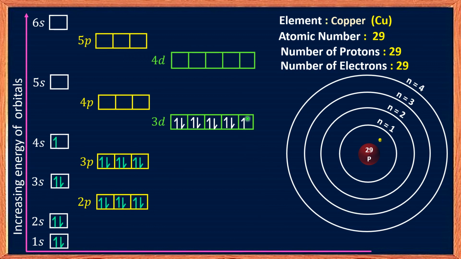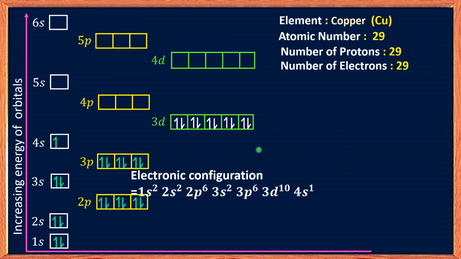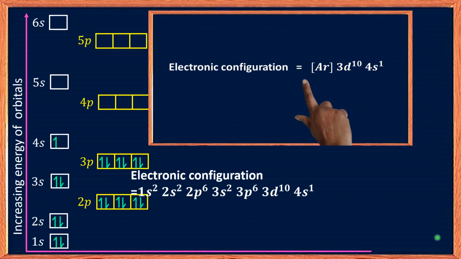It pairs up with this electron. Then copper has all d orbitals completely filled, isn't it? So the electronic configuration of copper is like this: 1s2, 2s2, 2p6, 3s2, 3p6, 3d10 and 4s1, or argon 3d10 4s1.